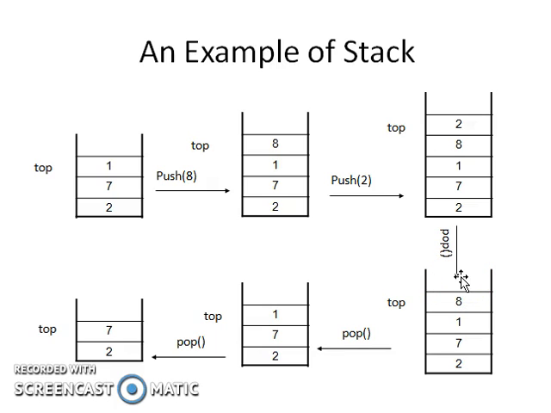After deleting 2, the resulting stack would look like this. Now assume that we are once again applying pop operation on this stack. So the resulting stack would look like this. Then once again, a pop operation is applied on this stack, yielding a stack with two elements 7 and 2.